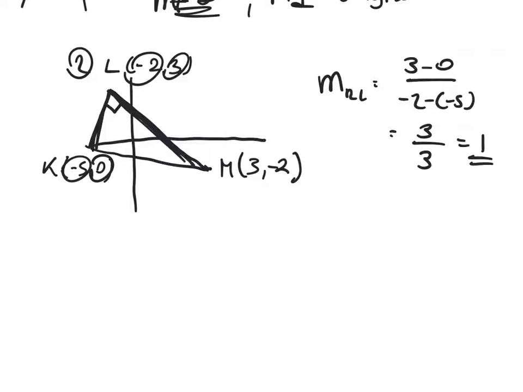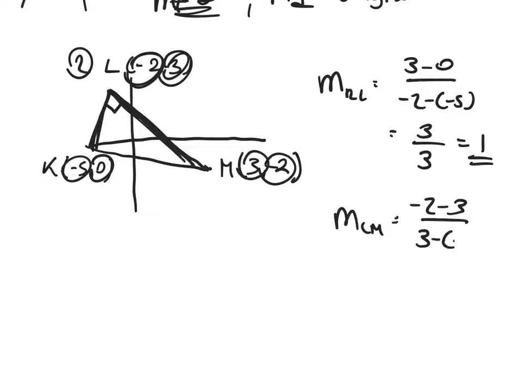So let's find out. Gradient LM is equal to, this time, y2 minus y1, -2 minus 3, over 3 minus -2. And that's -5 over 5, which is equal to -1 as expected.